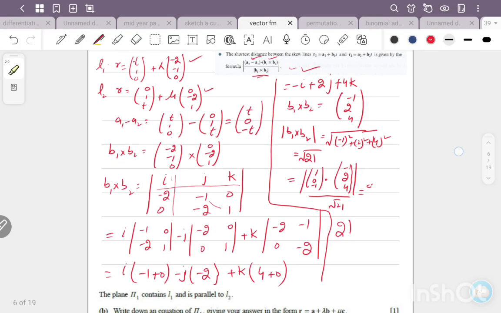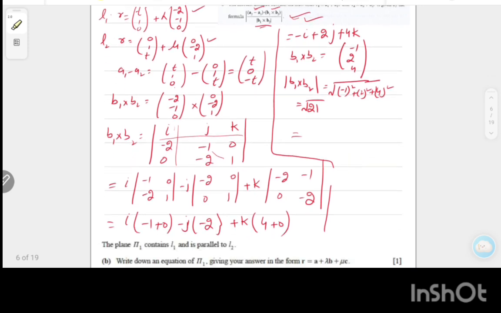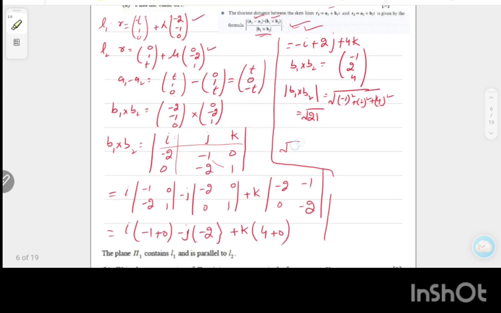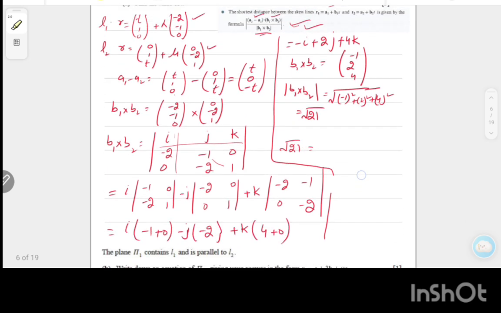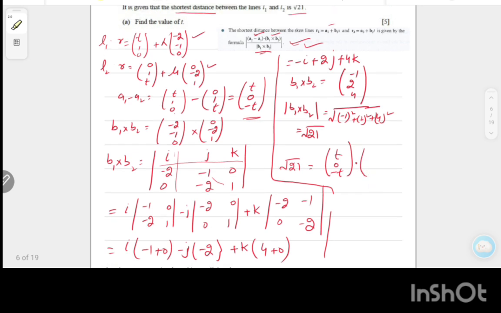So, dear friend, we have to put all these values in this equation. We know the shortest distance given in the question is square root 21. So the shortest distance, square root 21, equals the absolute value of a1 minus a2, which is t, 0, minus t, dot b1 cross b2, which is minus 1, 2, 4, divided by square root 21.